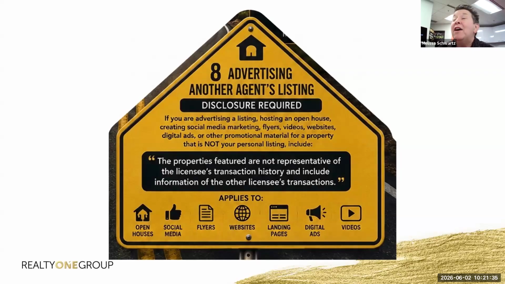In fact, they may never have sold a $1 million home, but they're advertising 2, 3, $10 million properties. What does the consumer think? They think they've sold these homes, right? So this is why the department made this change. I do agree with that. I do agree that there's a misperception that has been going on for a long time.